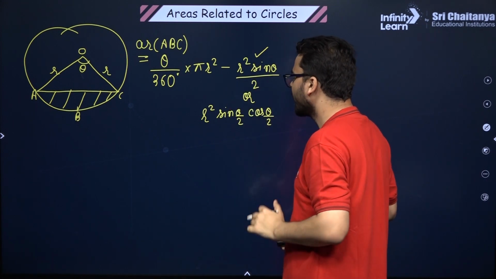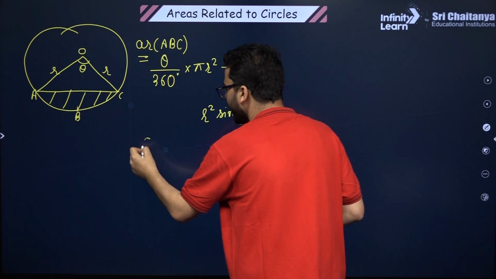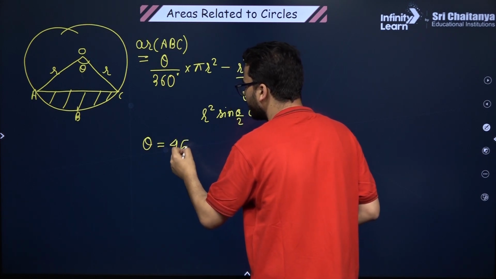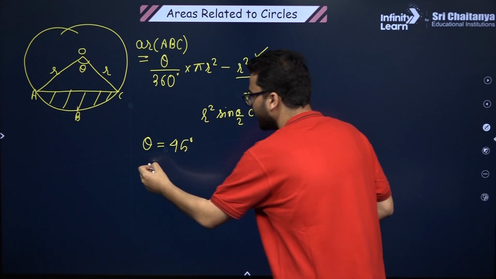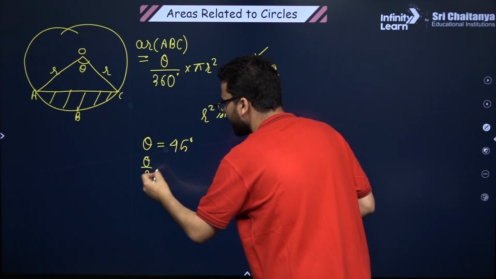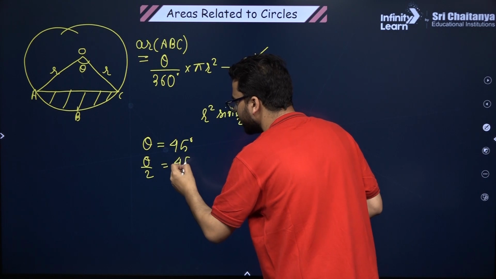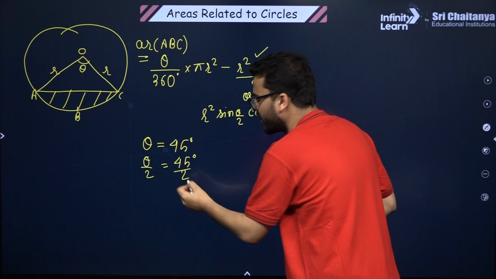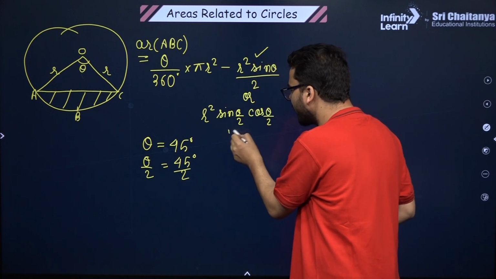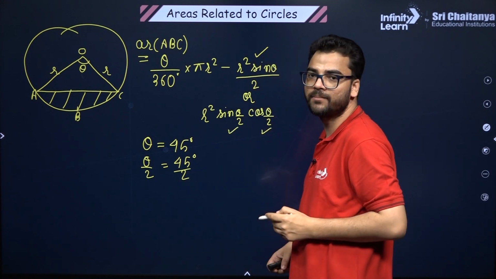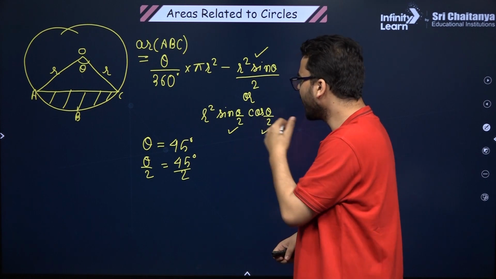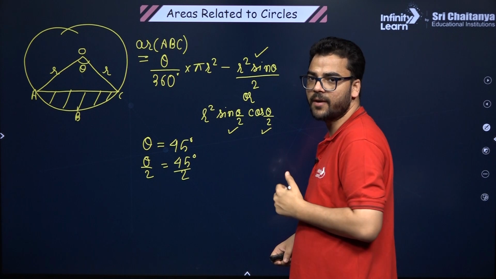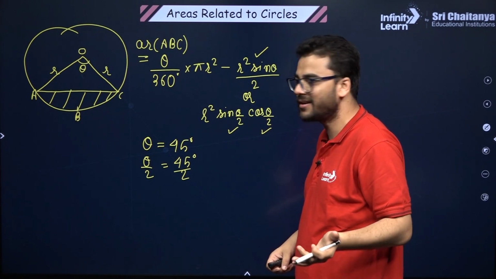The reason being, suppose you have been given theta equal to 45 degrees. In this case, theta by 2 will be 45 by 2 degrees. Can you find the value of sine 45 by 2 cos 45 by 2? That is not possible, because you haven't studied that up till grade 10.